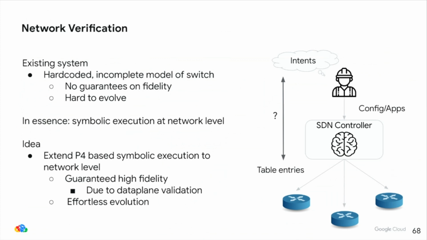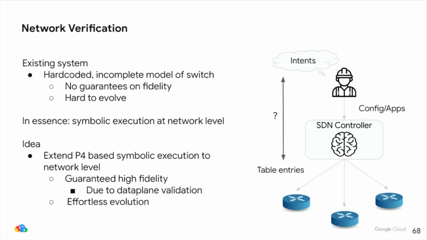The tool may tell you that your table entries are correct, but it gets it wrong because it has modeled the switch in a wrong way. So that's one problem. The second problem is that because they have hard-coded models, they're hard to evolve when we add new features to the switch.